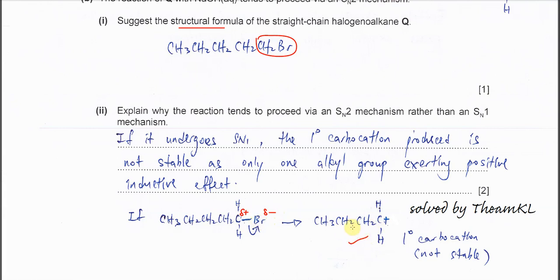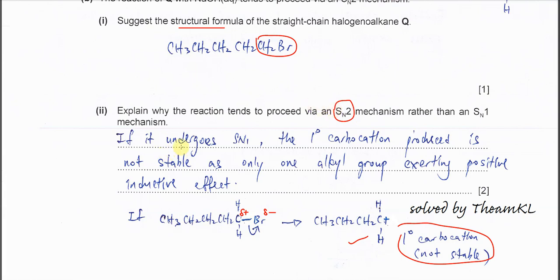The carbocation formed here is a primary carbocation, not really stable. Therefore, it will not really form. So this primary halogenoalkane will undergo another mechanism and form a more stable intermediate. That's the reason why SN2 is used for this halogenoalkane.